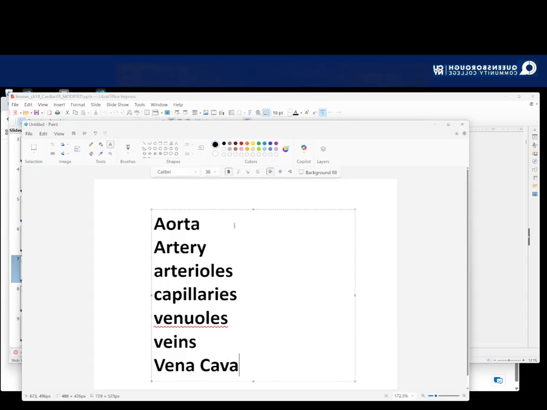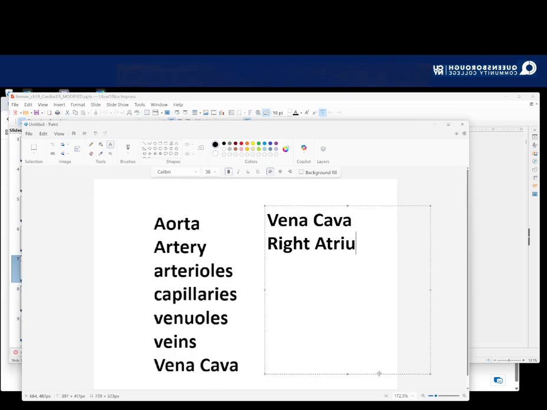And then there's also then the sequence of blood flow through the heart, which is from the vena cava to the right atrium through the tricuspid valve.